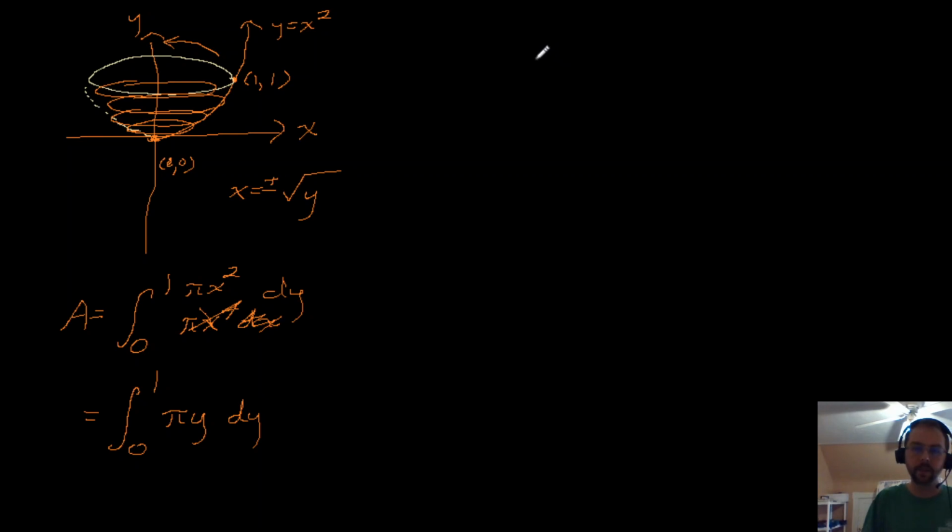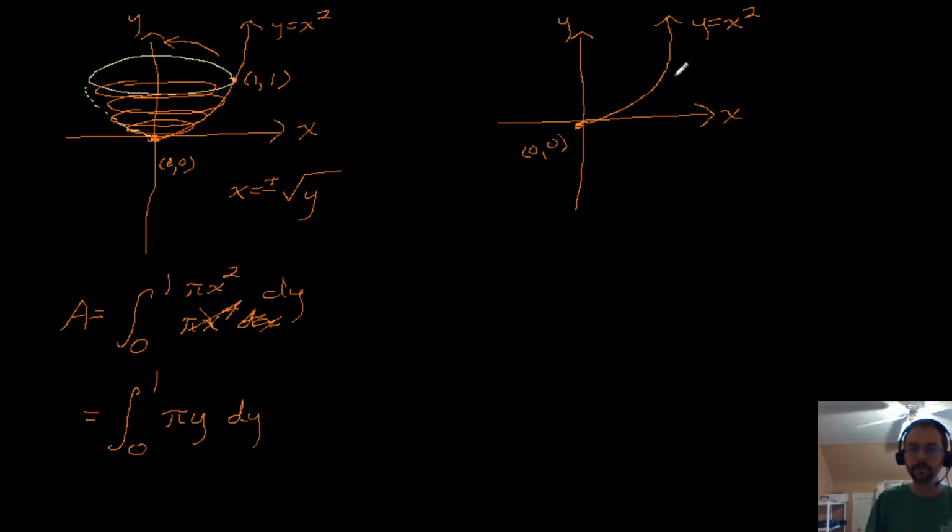The other thing that you can do is, starting with the same shape, x, y, and we're going with y equals x squared. We'll do the same points. We had 0, 0, and we had 1, 1.